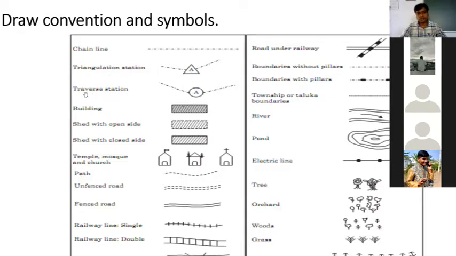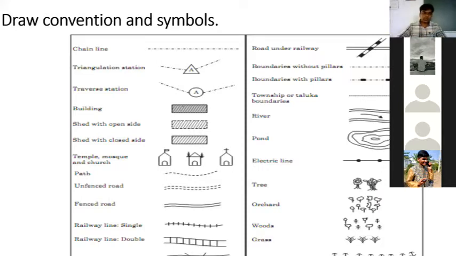Next, traverse station. Do you know what traverse is? Traverse means moving from one point to another point, taking all the instruments along. So that won't be a fixed point.